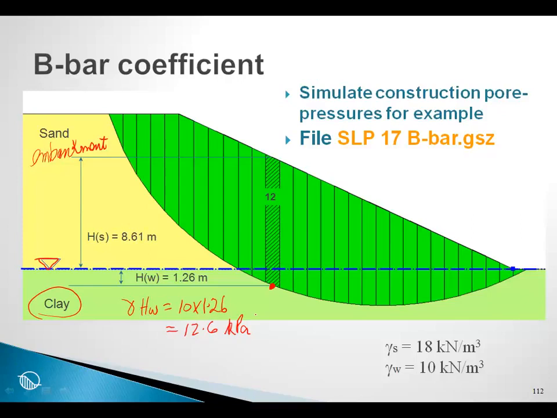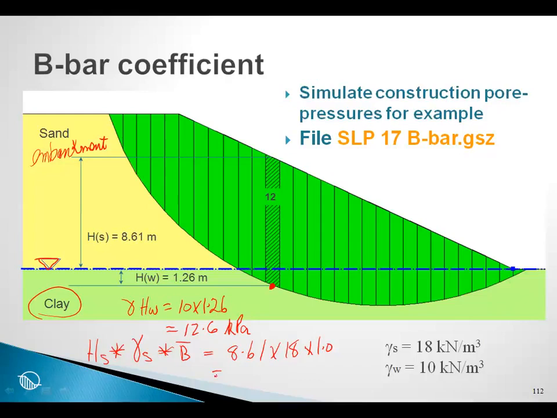The excess pore pressure produced by placing the fill would be equal to the height of the sand, HS, times the unit weight of the soil, gamma sand, times B bar, which is equal to 8.61 times 18 times 1.0 for this particular case.